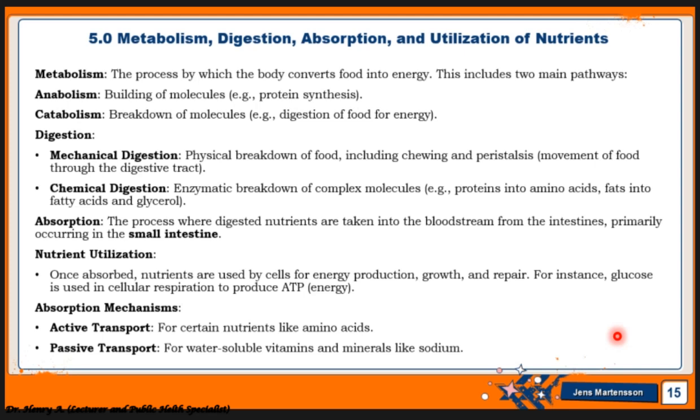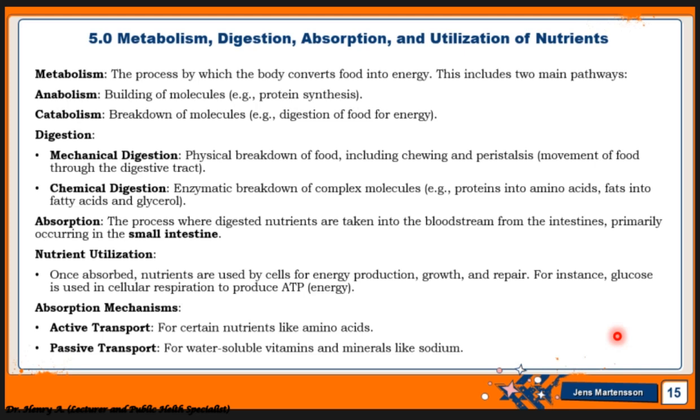And then we also see the utilization of nutrients, and that can be defined as how absorbed nutrients are used by the body for growth, repair, energy production, and storage. And what are the key concepts there? We have the carbohydrates that are utilized for immediate energy or stored as glycogen in the muscles and the liver, later broken down for use.